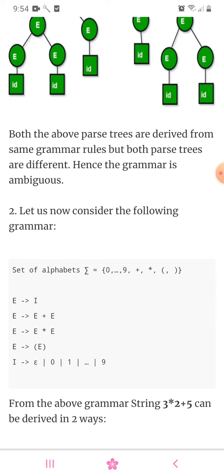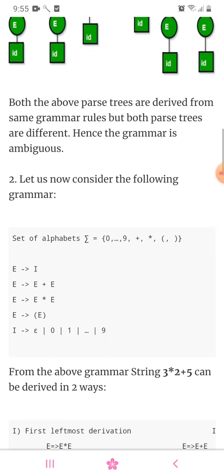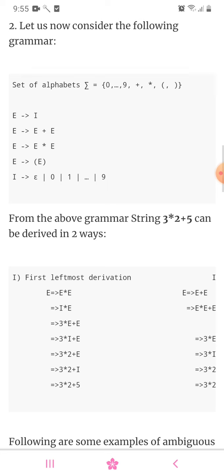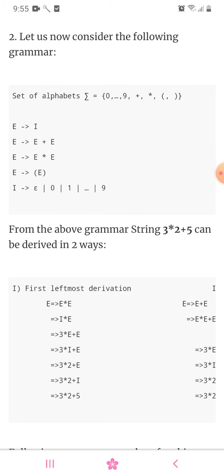From the above grammar, the string 3 into 2 plus 5 can be derived in two ways. First is leftmost derivation.